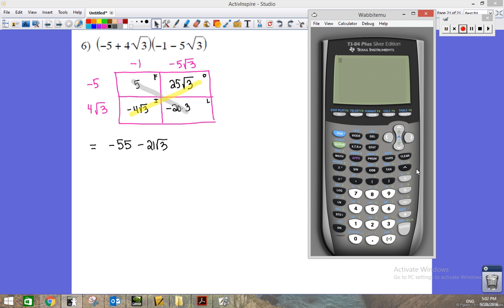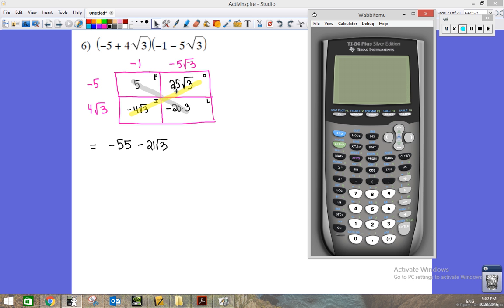As I'm getting tired, I'm more prone to more errors. So let's see, did I copy the problem down right? Negative 5, 4 radical 3, yes. Negative 1, minus 5 radical 3. I did that. So let's check the entries in my table. Negative times negative is positive. Sign errors are something we really have to watch for. Negative times positive is negative.